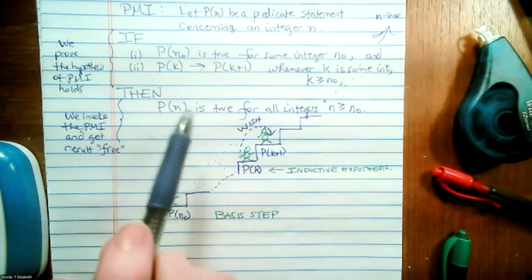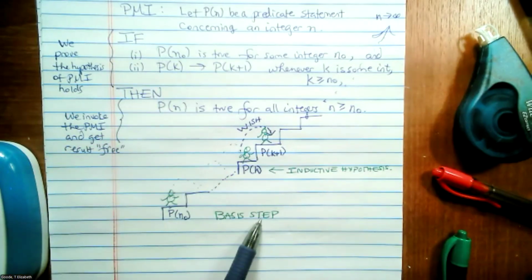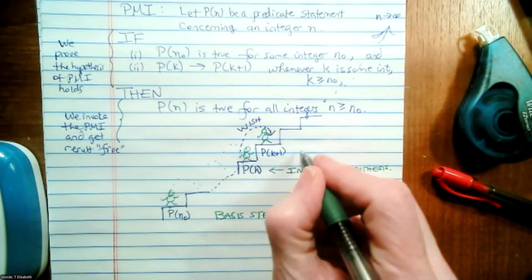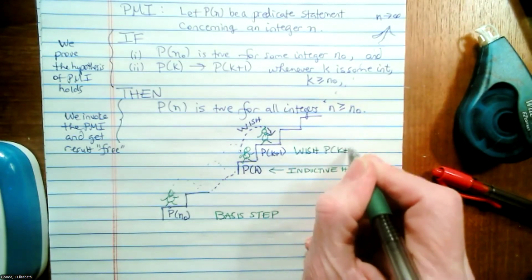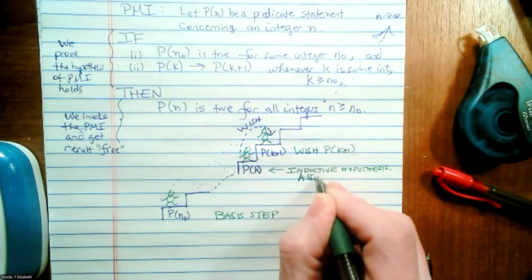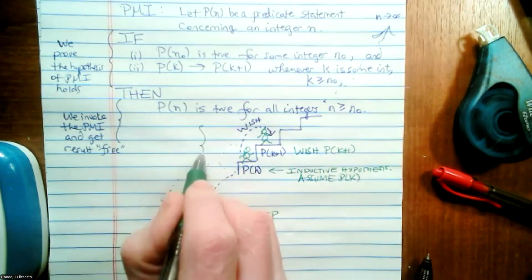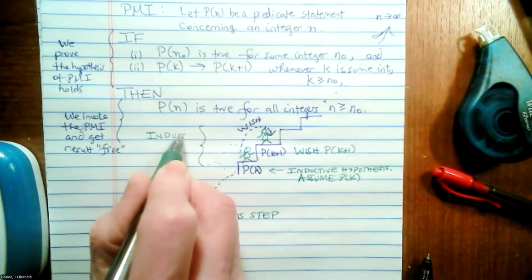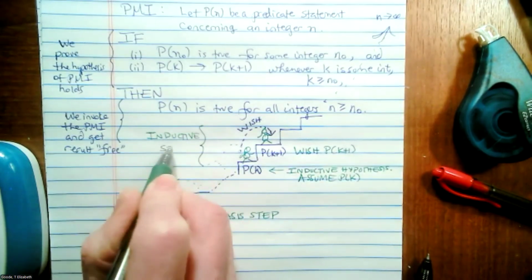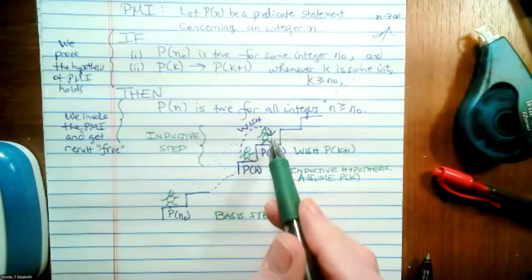The work that we have to do is to prove that we can get on the bottom step, and then we wish P of K plus 1, we assume P of K. That process is called the inductive step, where we prove that if we're on a step, we can always step up.